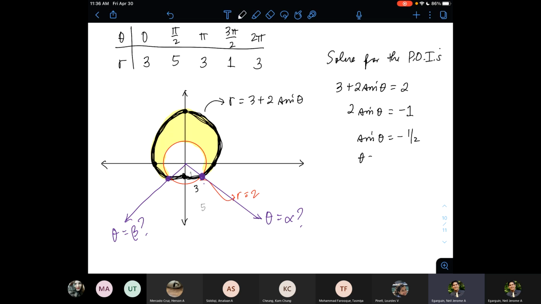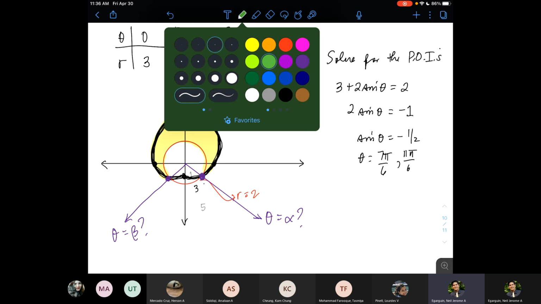Now, what are the theta values when sine is -1/2? Well, sine would be -1/2 at 11 pi over 6 and 7 pi over 6. All right, those are the two angles whose sine is -1/2. Now, we need to be a little careful here because you cannot simply use these two angles right away as your bounds for integration. Because remember, we should radiate all throughout the region.